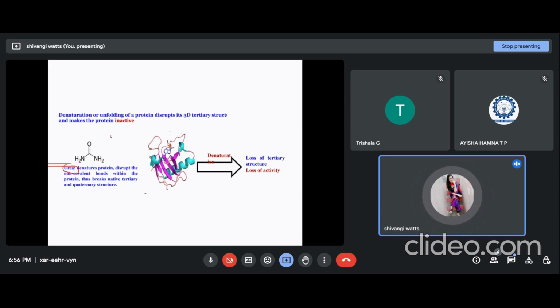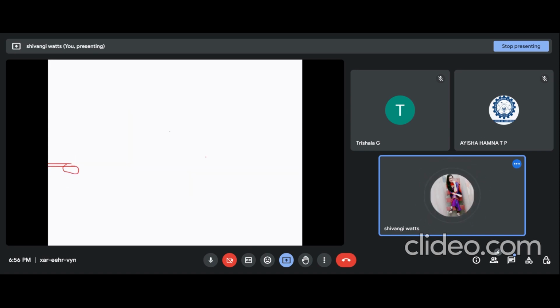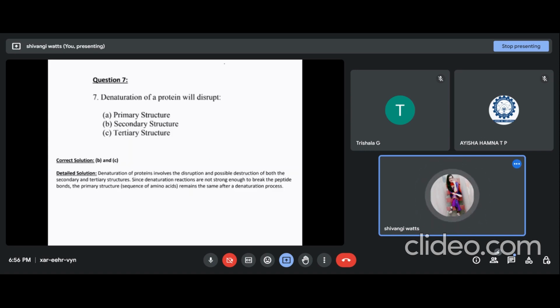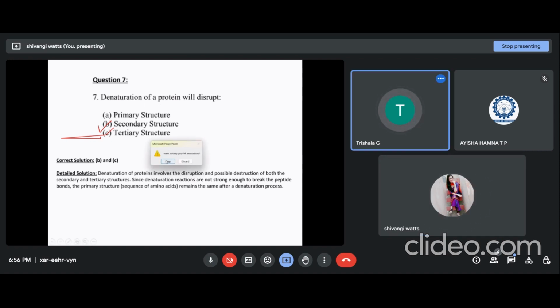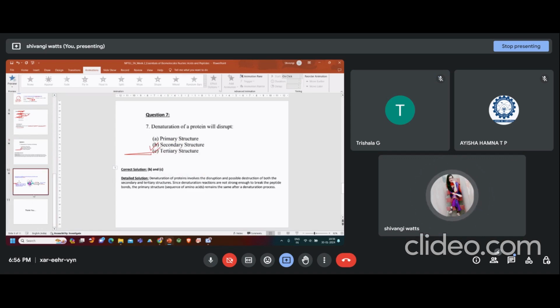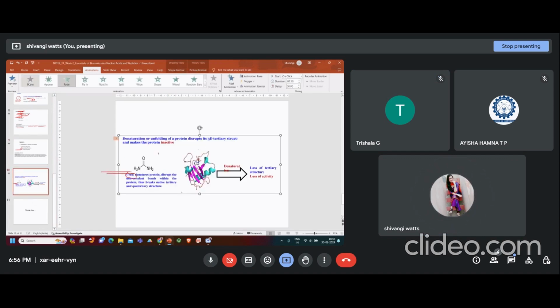There is a loss of secondary, tertiary, and quaternary structure in the presence of these compounds. So basically denaturation of protein will disrupt the secondary structure and tertiary structure. Understood? Yes. So options B and C are the right options.